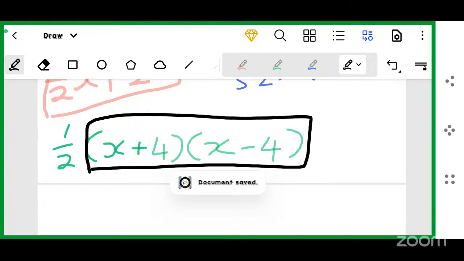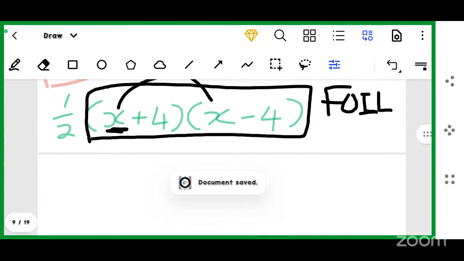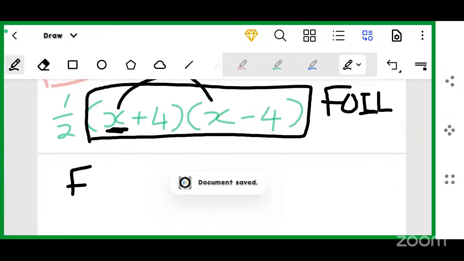For you to work this one out, you have to take each one, or you have to apply, do you know the FOIL? Do you know the method of FOIL? No. Okay, so the FOIL method says you multiply the two first ones first. So if we are using the FOIL, we say F for x multiplied by x.